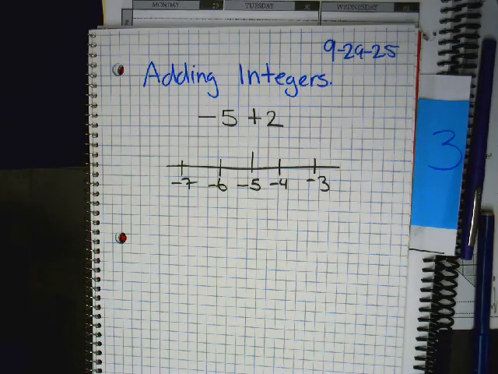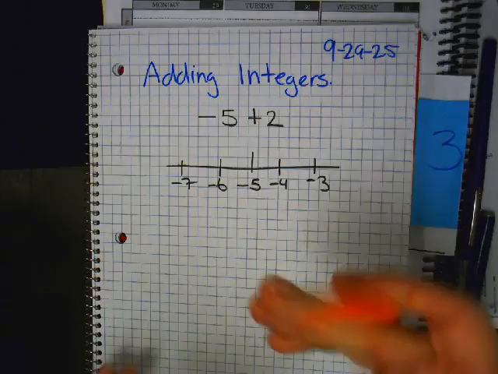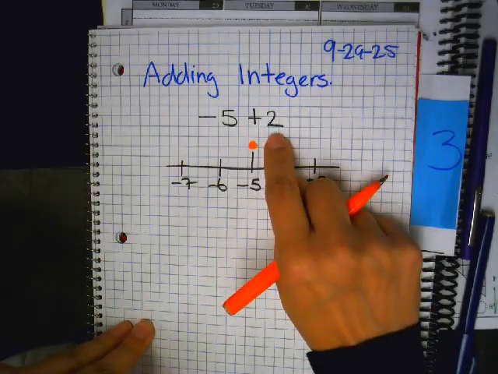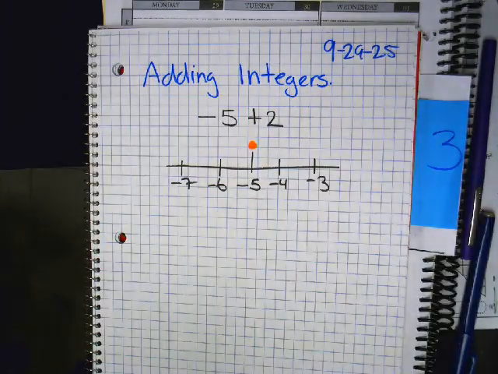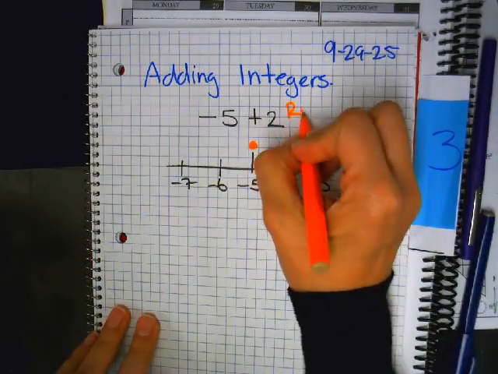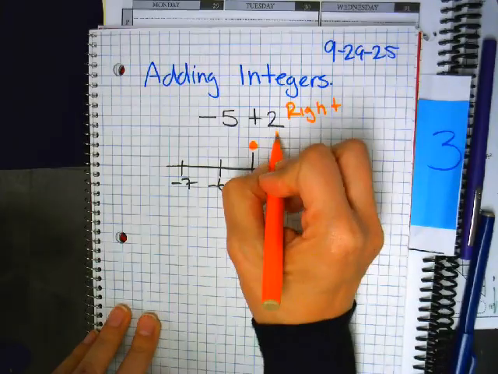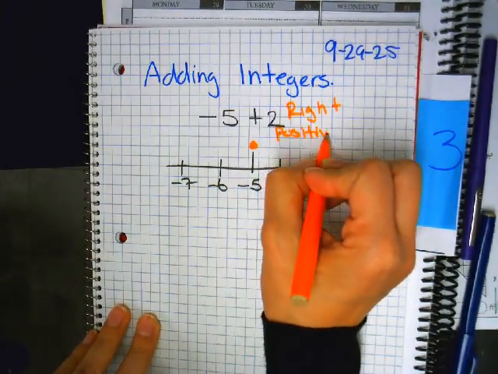All right. So, using a number line to add these, where would I start? On the -5. Very good. So I would start on the -5 here. And this is a +2. So which way do I go? Do I go to the left or to the right? Because it's positive, I go to the right.